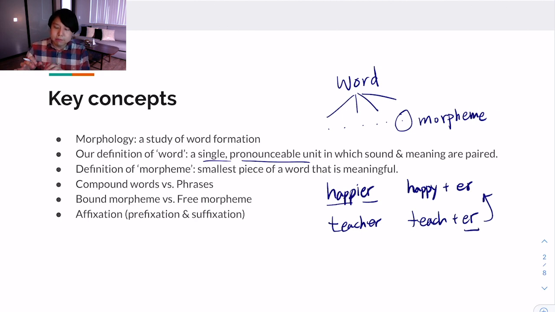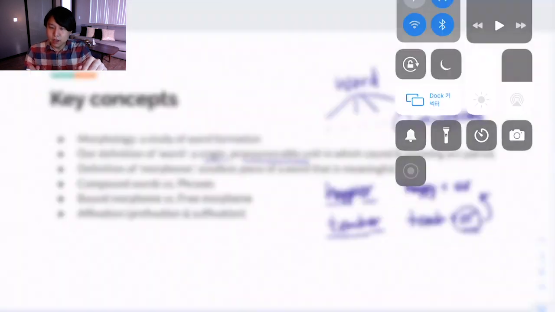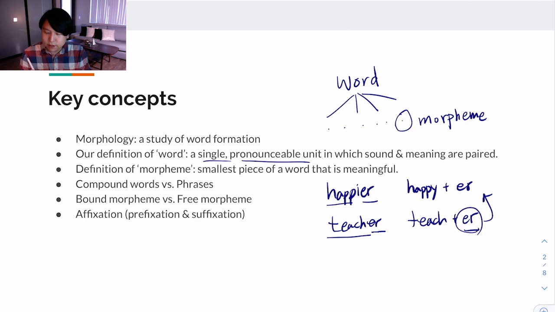So a teacher is a person who teaches. So teacher also consists of two morphemes, teach and er, which is separate from the example above, where er meant comparative in happier. And another example, weather.